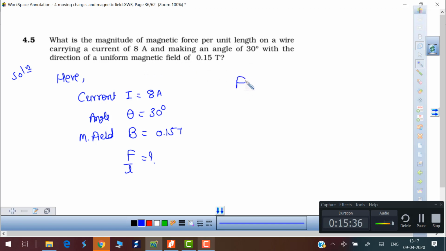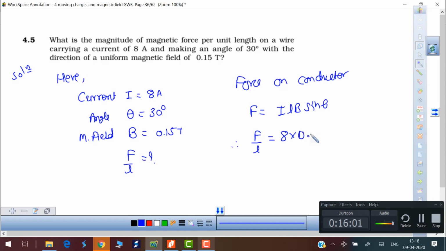So force on conductor F is equal to ILB sine theta. You have given I is equal to 8, L, we want to find force per length. So I divide force by length on both the sides. So I get F upon L is equal to I into B, 0.15, and sine 30 degree.